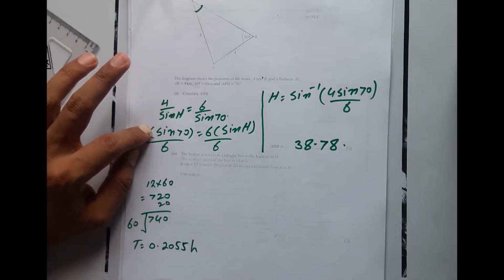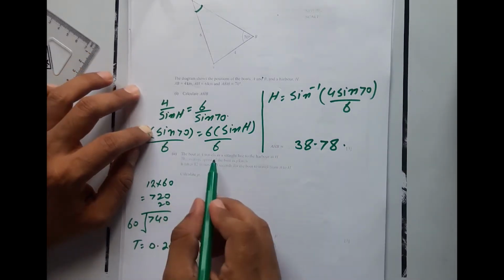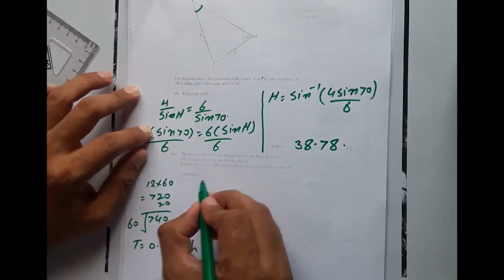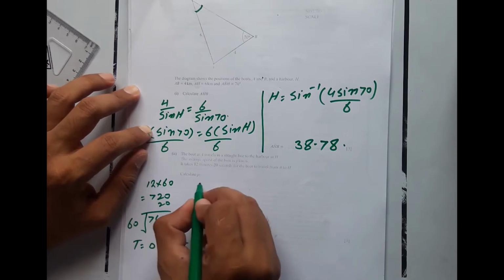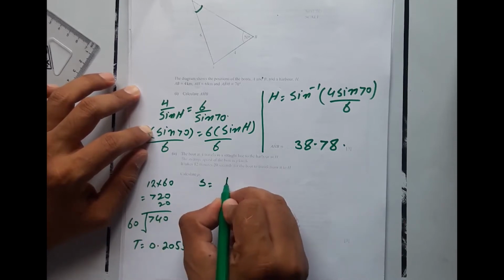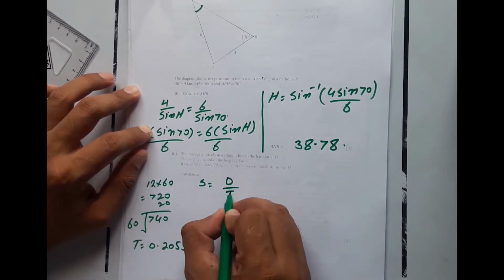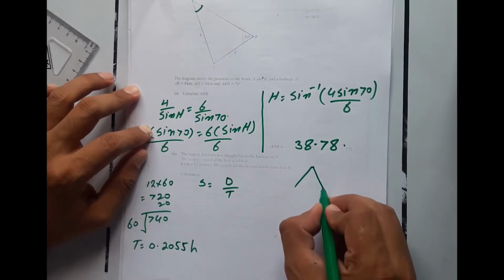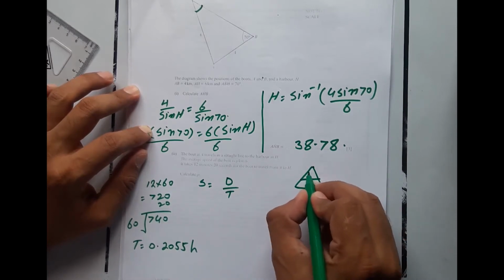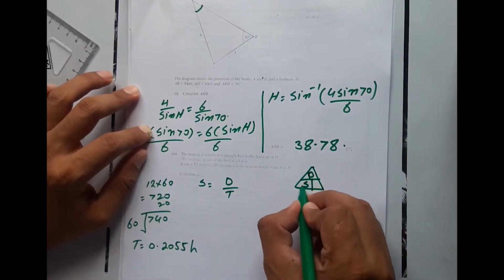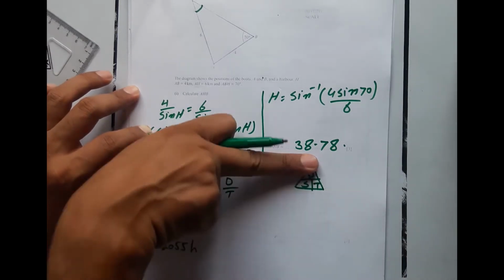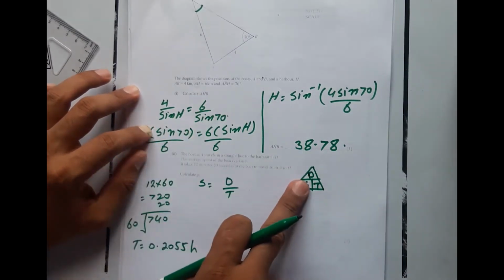Now from A to H the distance is 6 kilometers. We have to find the speed. So speed is equal to distance over time. We know this triangle: distance is speed times time. When we have to find distance, it is speed times time. When we have to find speed, it is distance over time.